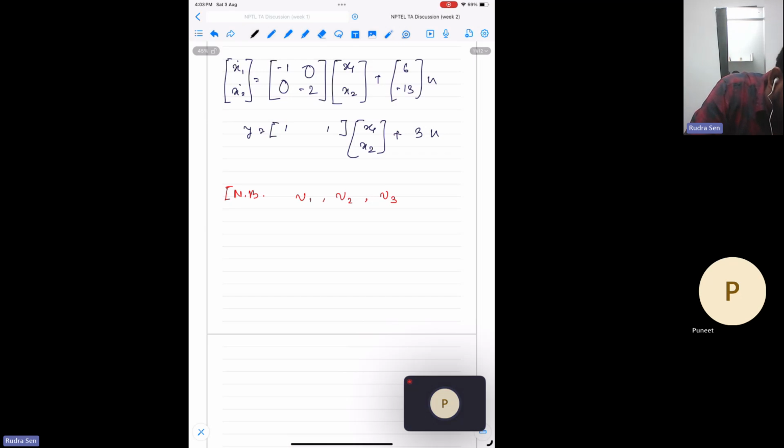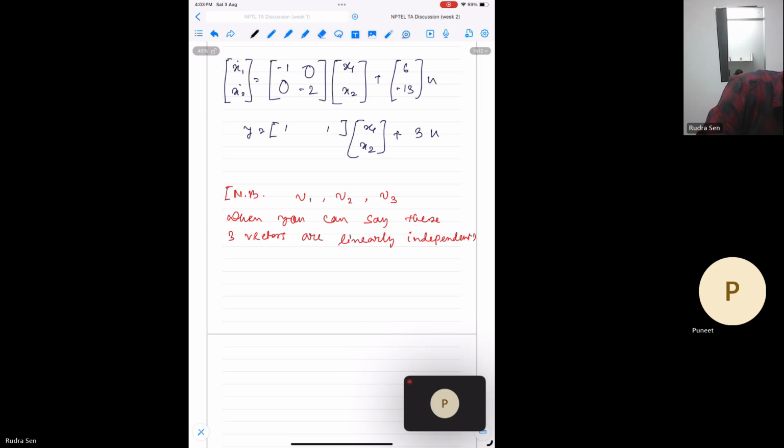When can you say these three vectors are linearly independent? It is when the movement of one is not changing the other.